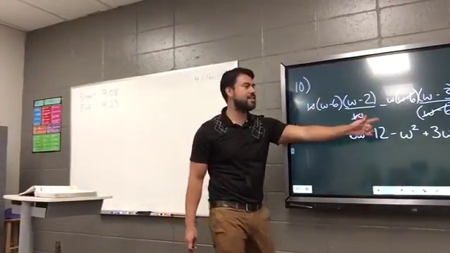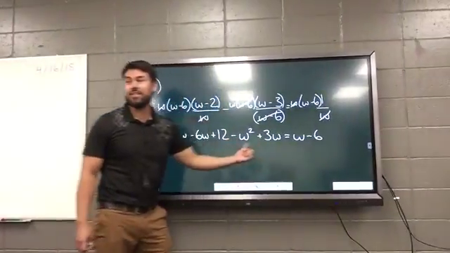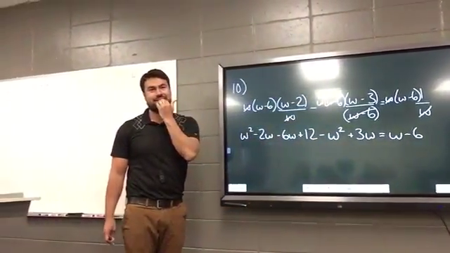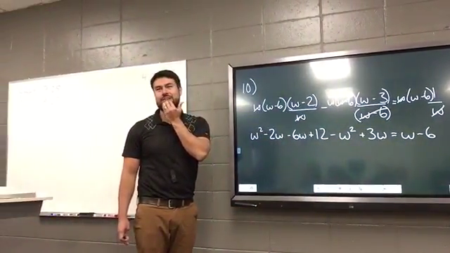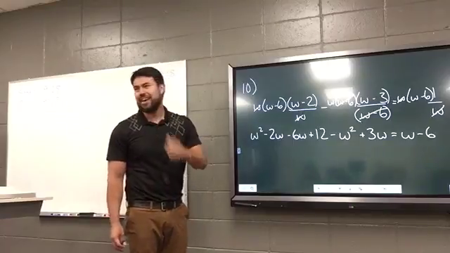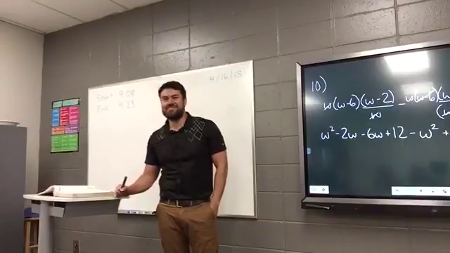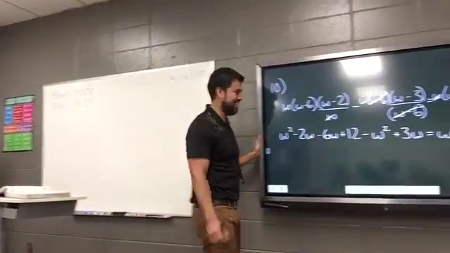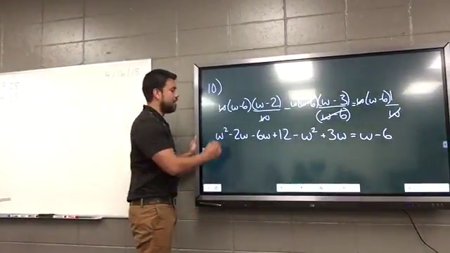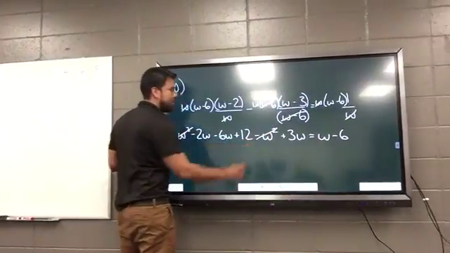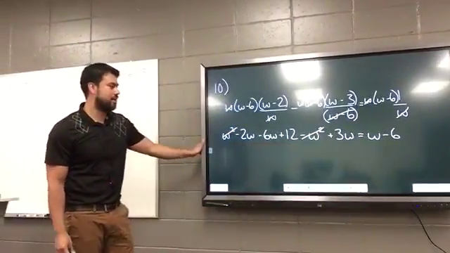The right side is as simple as it gets. But the left side, can anything cancel? Anything add together? I hate those W squares. I hate them. W squared and negative W squared. Oh, these cancel each other out, so the W squares are gone.